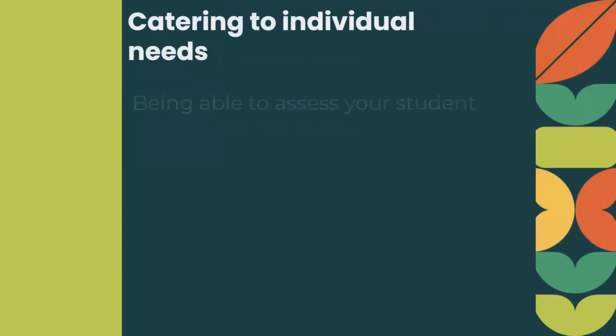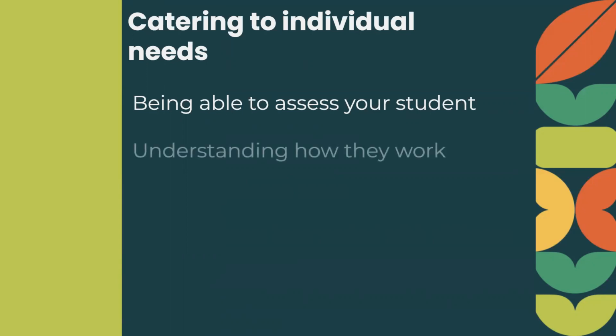So catering to individual needs. So being able to assess your students is a massive part of SEN tutoring, as, like I said earlier in the video, it might not have the same structure as tutoring children without SEN, as you might have to be deciding what the goals of the sessions are, because if they're not working for GCSEs or A levels, then you need to be finding goals for those children to reach and being able to assess them.